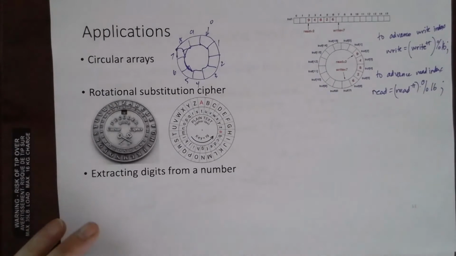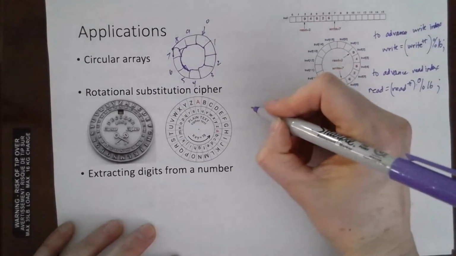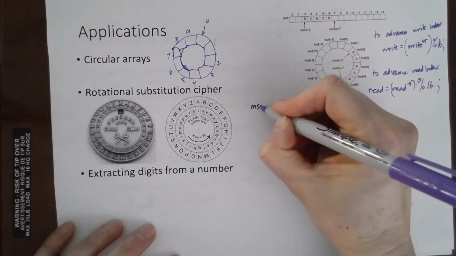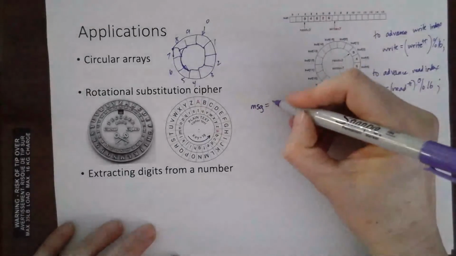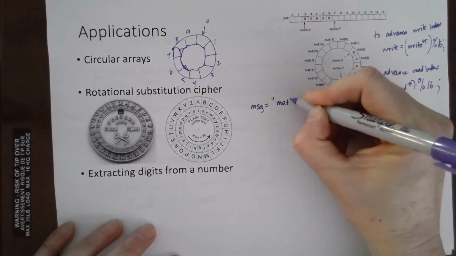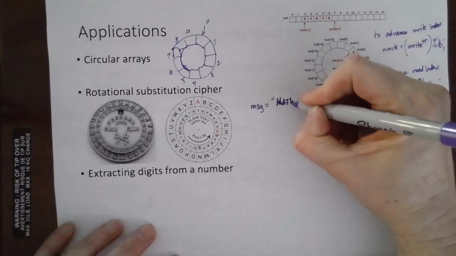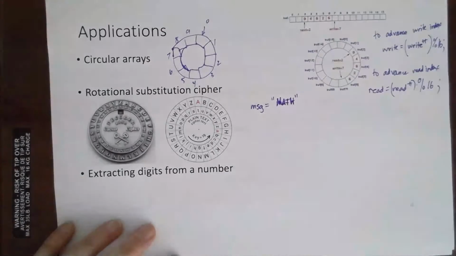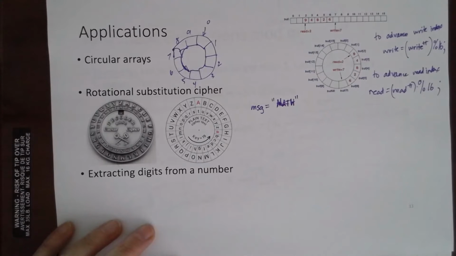Okay, and so let's say this is our original message. I'll just call it message. Let's say it was something like math. Oh, they had it in capital letters. Let's do capital MATH, because that's shorter. That's a short word. Shorter than computer or something.